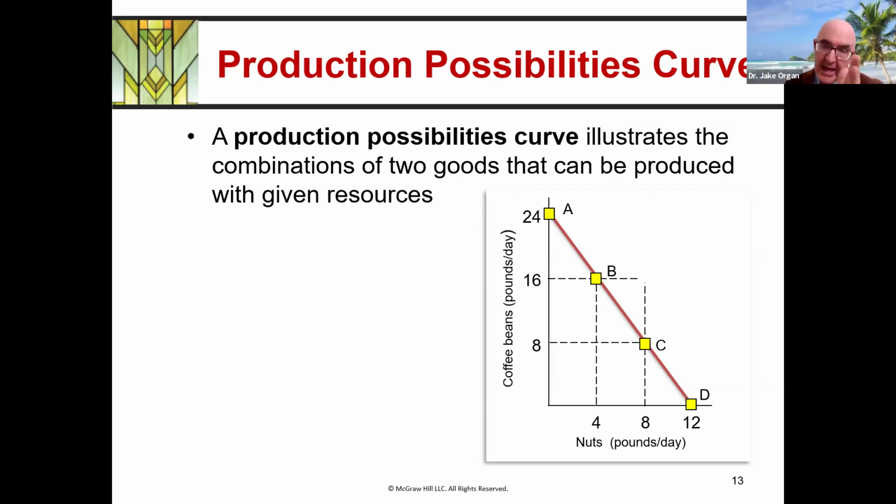A is the 24 pounds, purely coffee. 12 is the 12 pounds of nuts, purely nuts. B is a mixture, and C is a mixture. And so by doing this, we can model all the different potential production possibilities for this particular person that has skills in making coffee beans or doing nuts.